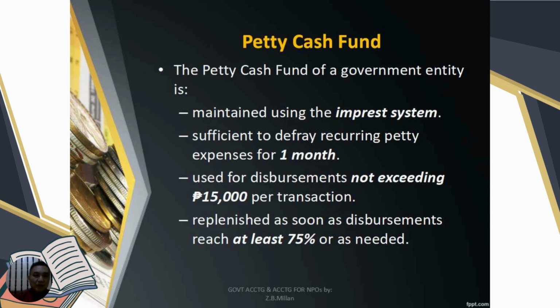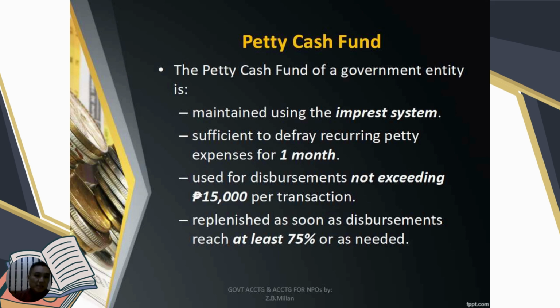Petty cash fund. The petty cash fund of a government entity is maintained using the imprest system. So what we use is the imprest system, not the fluctuating system. It is sufficient to defray recurring petty expenses for 1 month. Petty cash is for small disbursements, which is more effective compared to using a check.